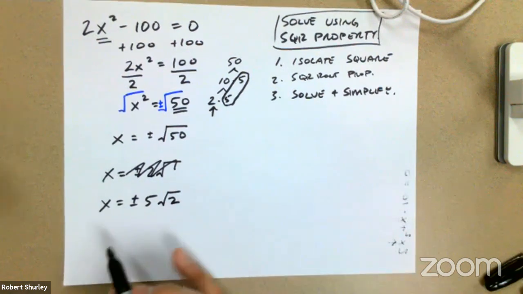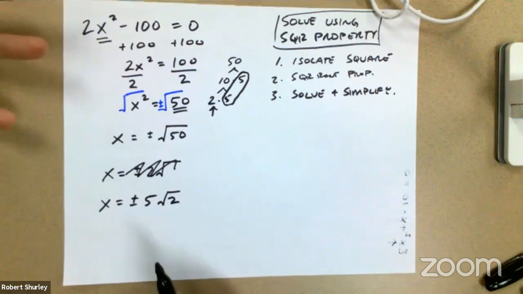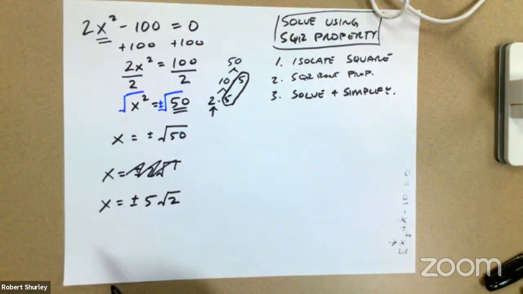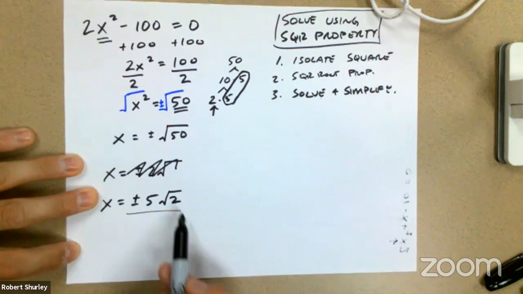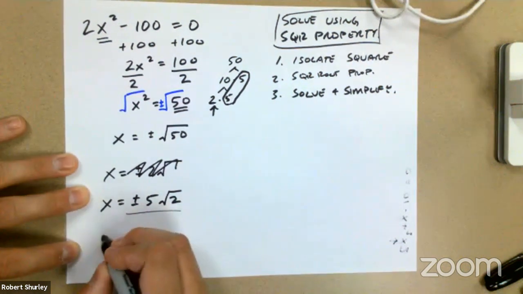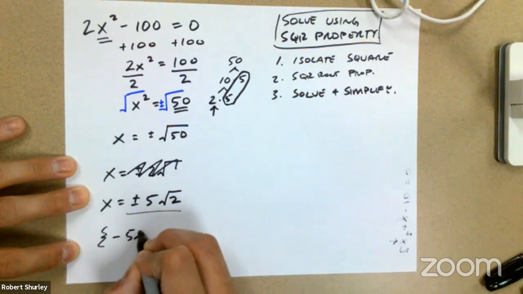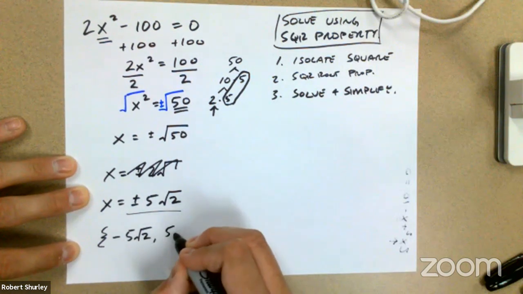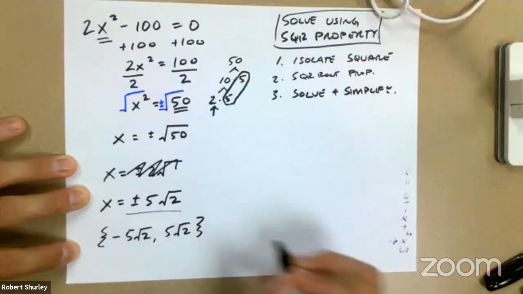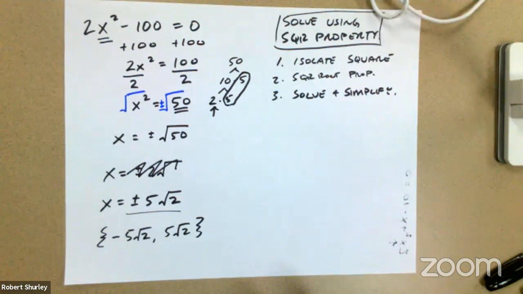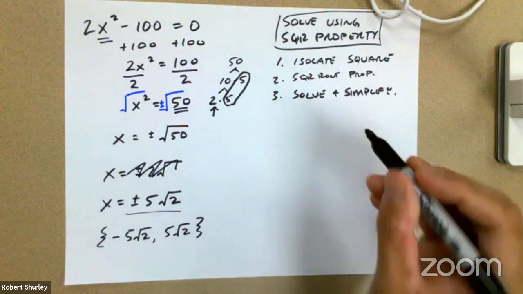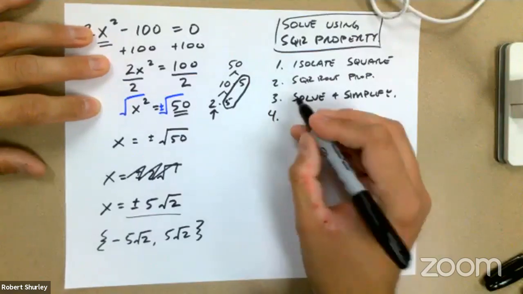So now, again, it's one of those things where if this was a written test and it was a normal semester, I would take this as an answer, but your book is going to write it like this. It's going to be like -5 square root of 2, comma 5 square root of 2. Okay? It's going to write it like that because that's the true math way of writing this. Now, you're more than welcome to check these.